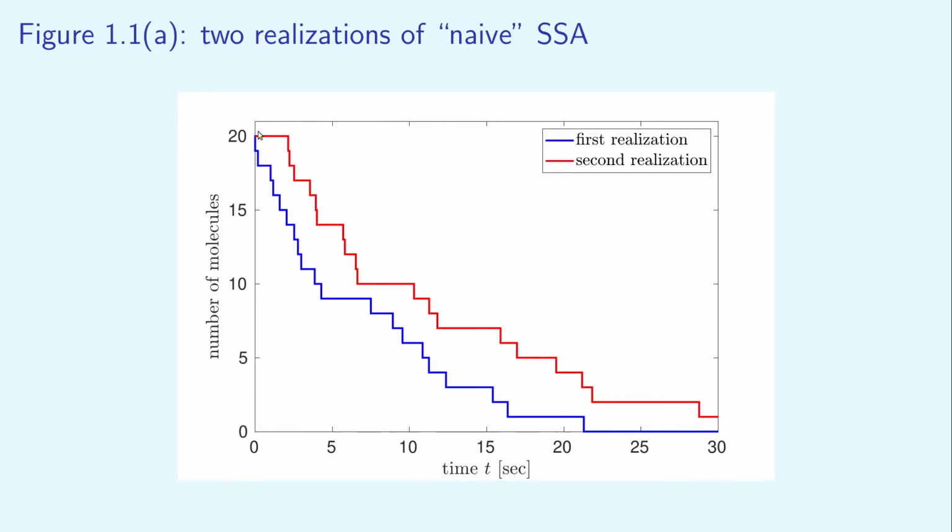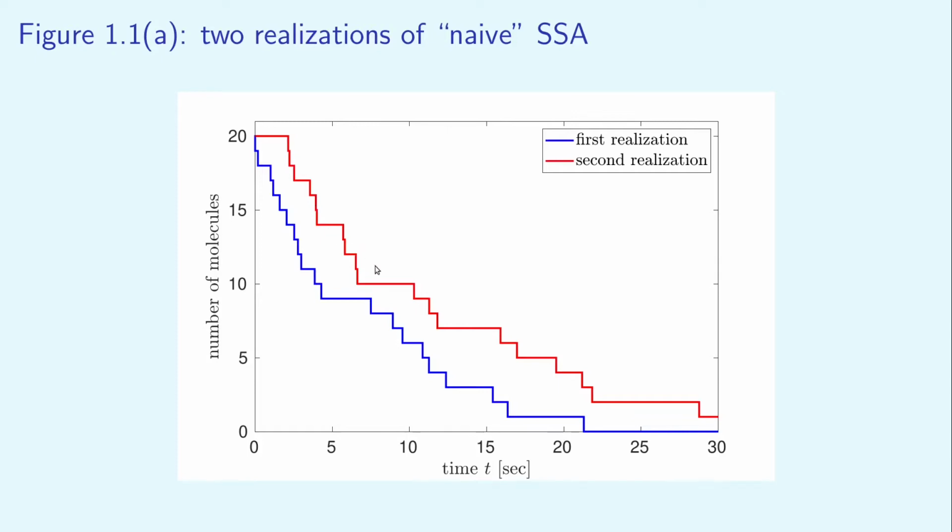Molecules are removed from the system one by one, so after 20 occurrences of our degradation reaction, there is no molecule left, as you can see with this blue realization of our algorithm. Repeating the same simulation, again, we obtain a similar result, this red realization. But it is not exactly the same.